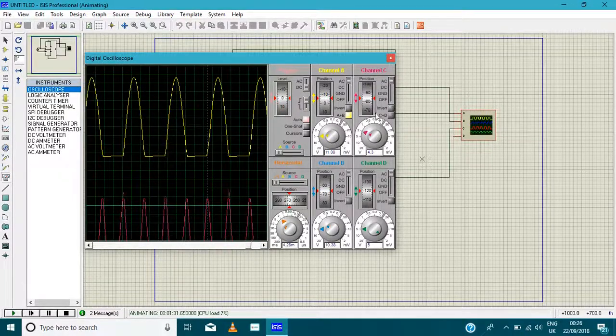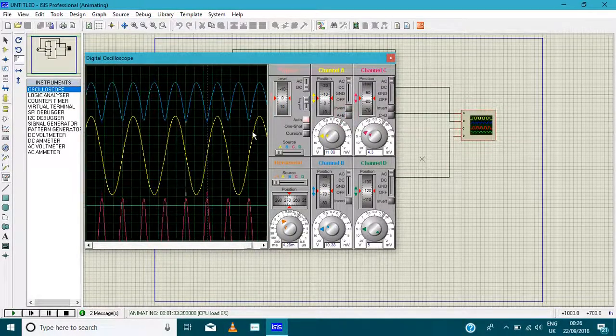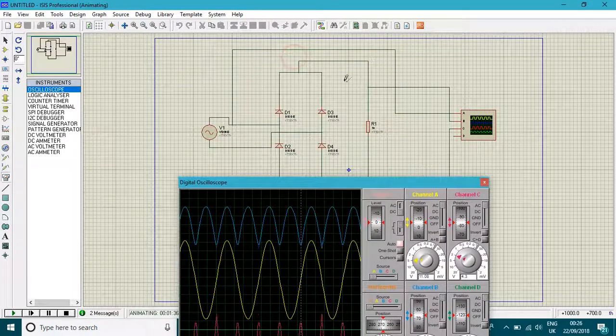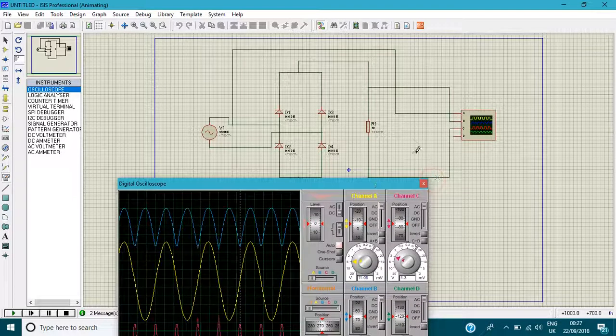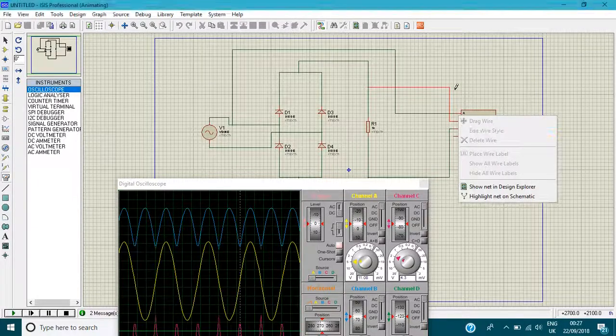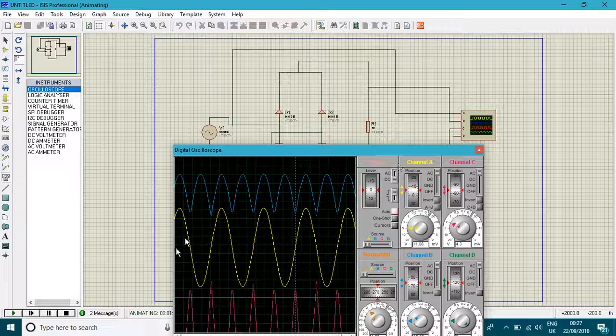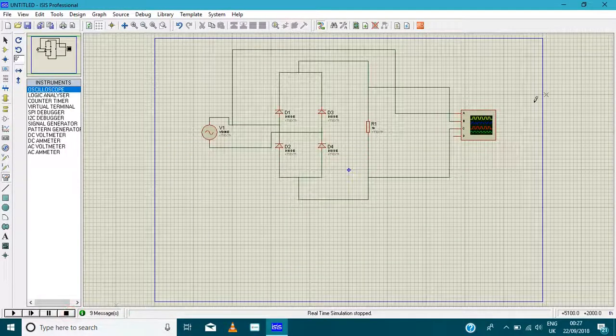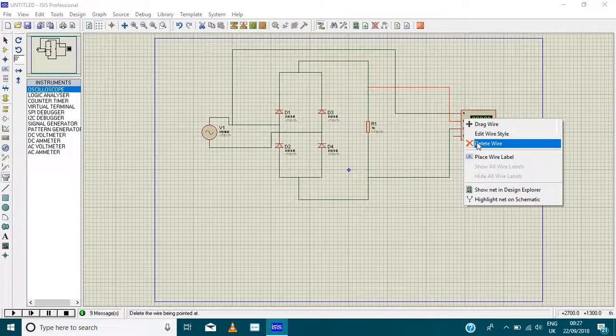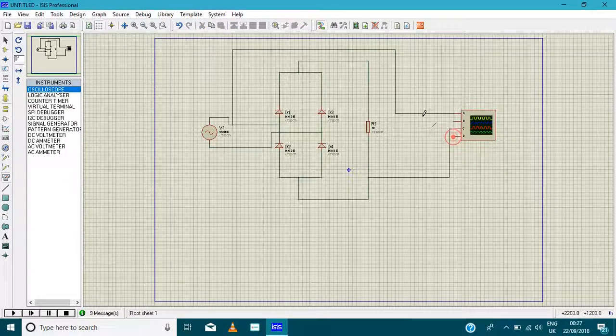Sorry, we can't just do A plus B because we have connected our supply over A and this over B, so we have to remove this from B. So we go outside the simulation, then B is this. Okay, so delete this wire and we have to connect this on D.